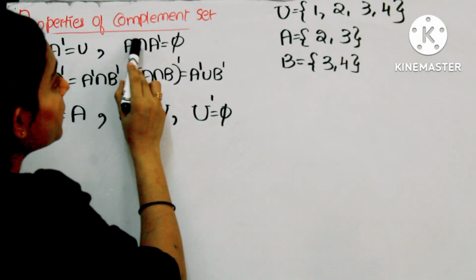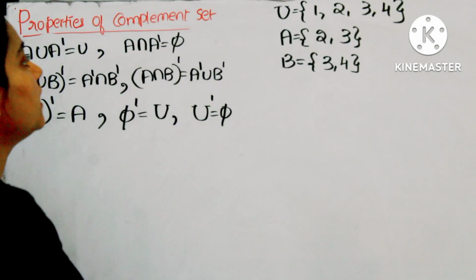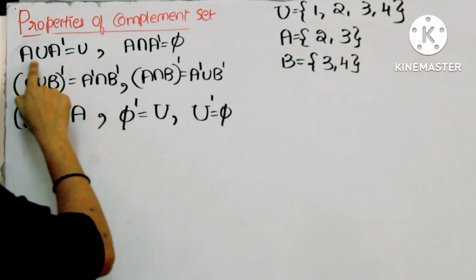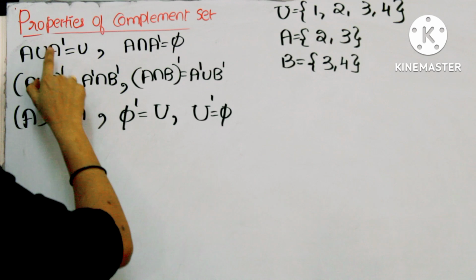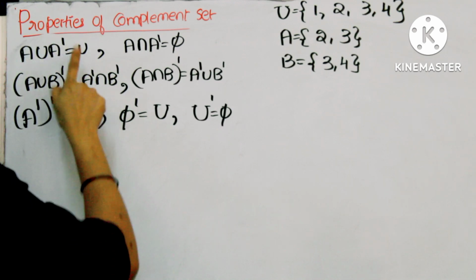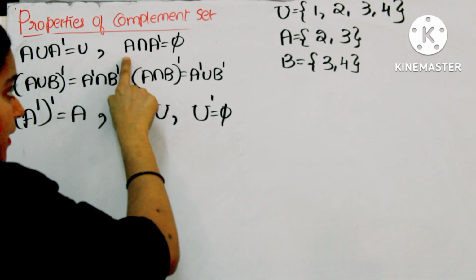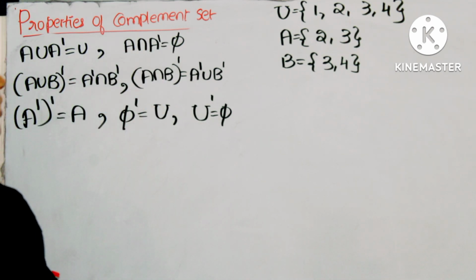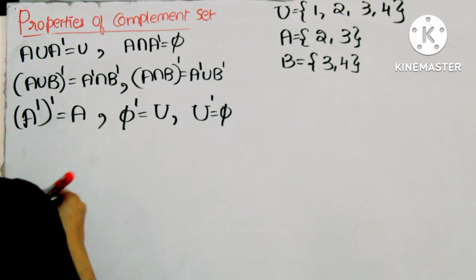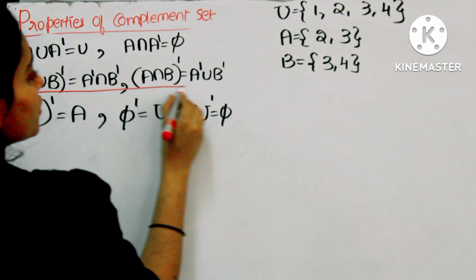Next is the properties of complement sets. What are the properties? A union A complement is U. If you take the union of A and A complement, you get the universal set. If you take the intersection of A and A complement, you get the null set or empty set. The second one is very important. This we call De Morgan's law.